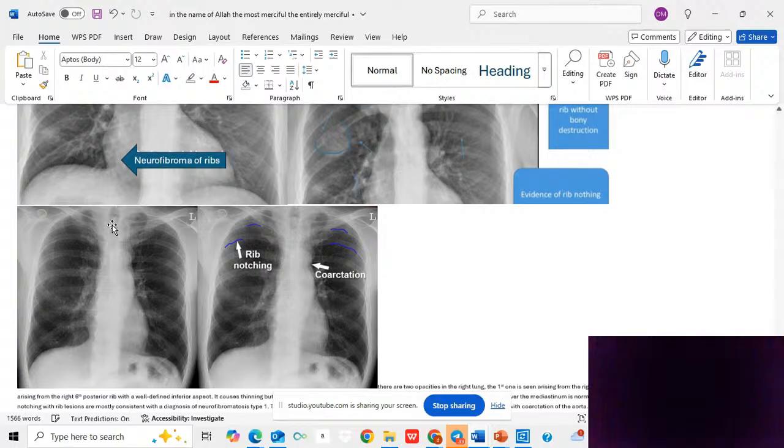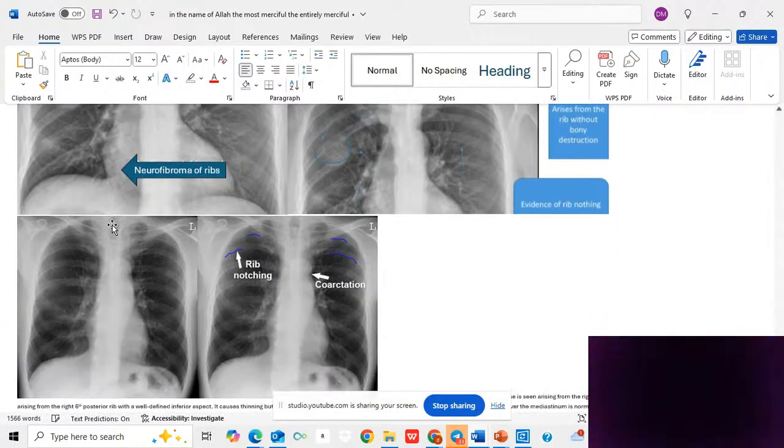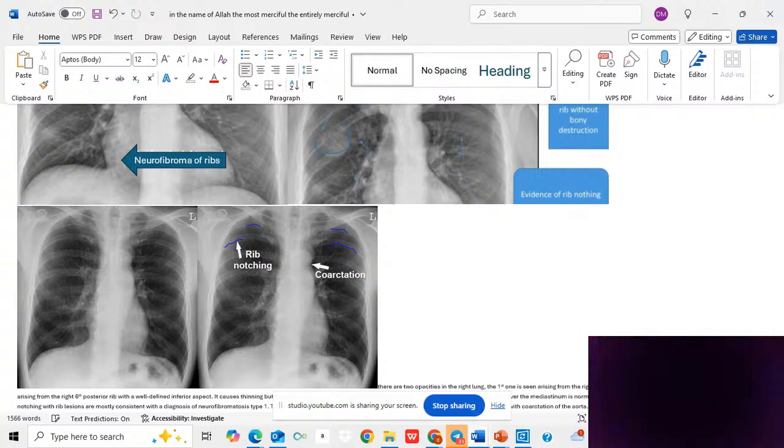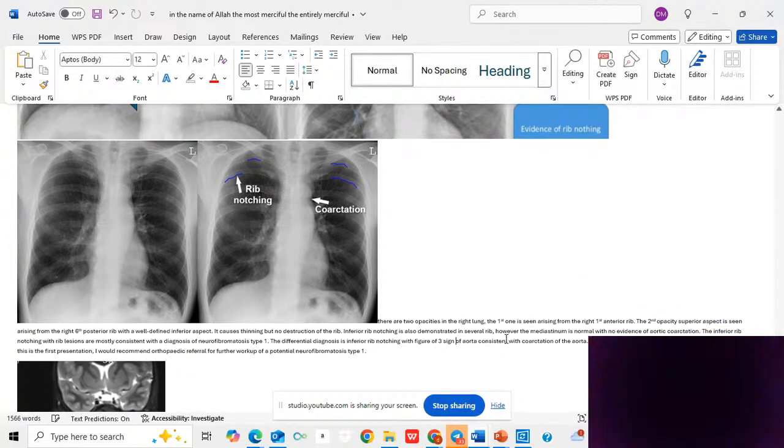However, once you see inferior rib notching on the chest X-ray, you need to check for the figure of 3 sign of the aorta.